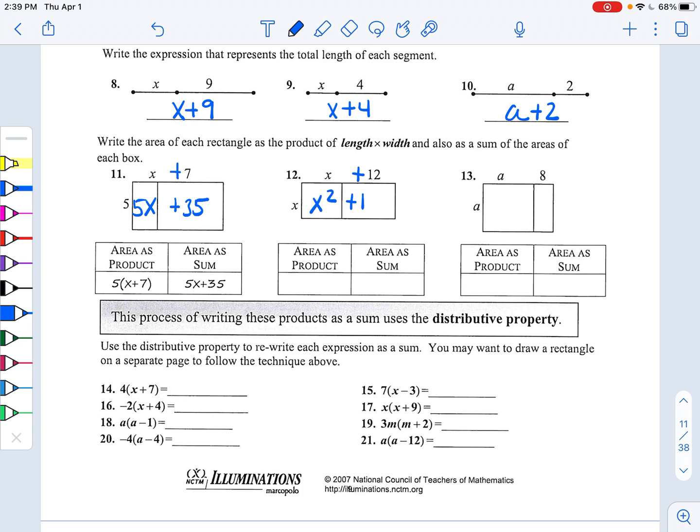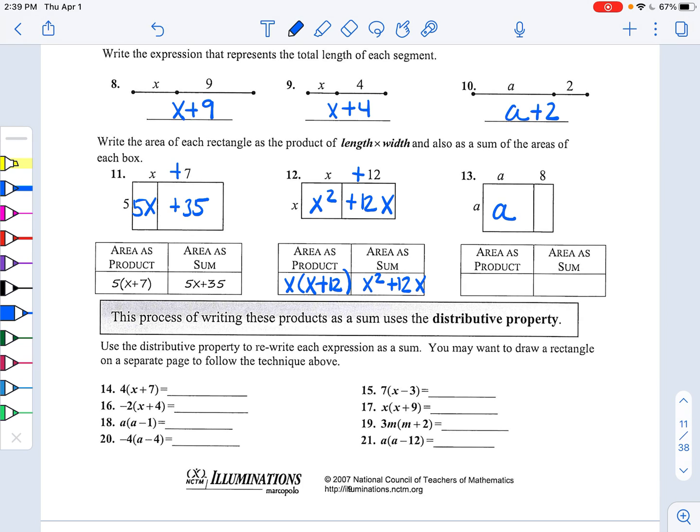And then we have x times a positive 12, so that would be positive 12x. So area as a product, this would mean x times the quantity x plus 12. And area as a sum, that would be x squared plus 12x. That's when it's been distributed.